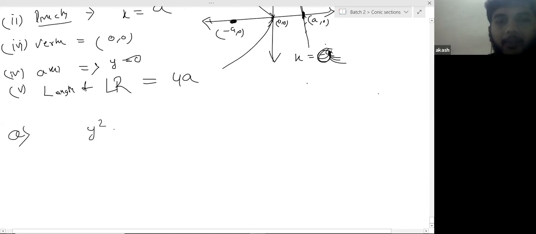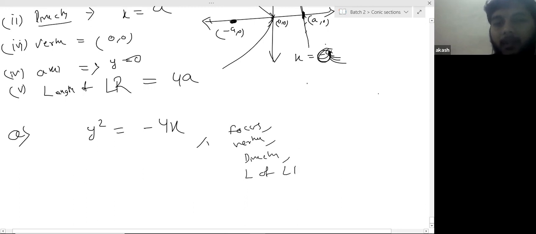If you have y square equals to minus 4x, you have to find all of this: focus, vertex, directrix, the length of LR, and axis. This is the equation. I'll give you 2-3 minutes.